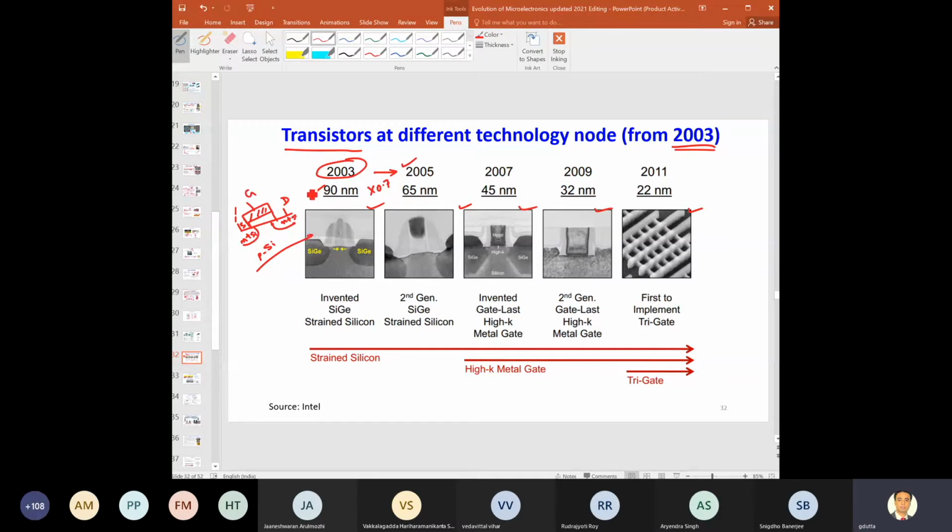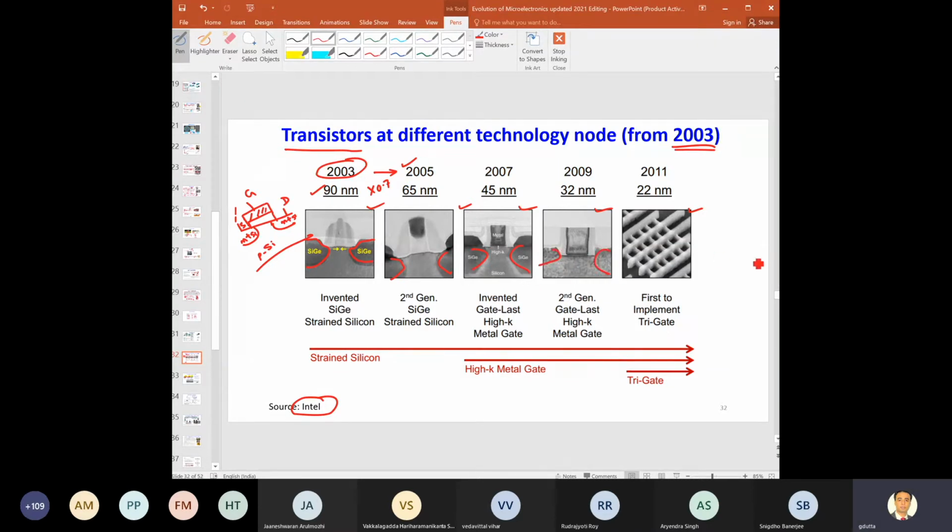Prior to the 90 nanometer technology. But in 90 nanometer technology, what Intel has introduced, and obviously here I am saying everything in terms of Intel's devices, is silicon germanium in the source and drain region. After each and every technology node, you can see the same silicon germanium source and drain hereafter.